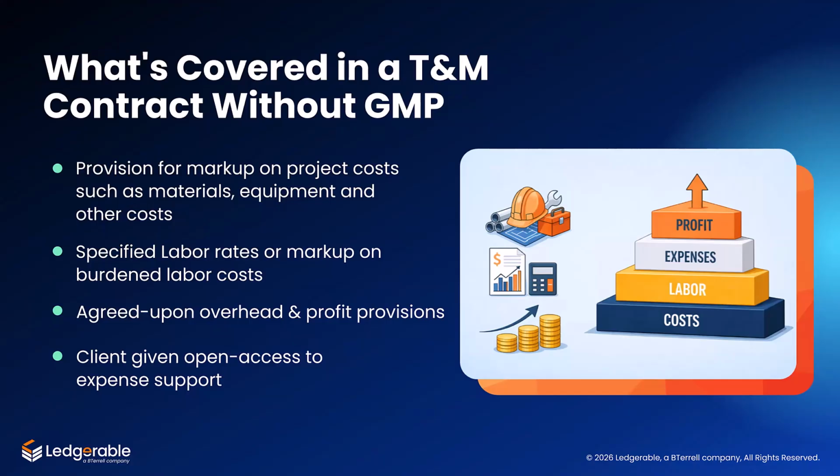The trade-off to the lower risk to the contractor is that owners or customers want more detailed invoice approval workflows, stricter documentation requirements, including receiving copies of invoices, receipts, timesheets, etc., that substantiate costs, and sometimes the right to later audit the records of the contractor. Also, they often want to be able to pre-approve major costs before incurring them.